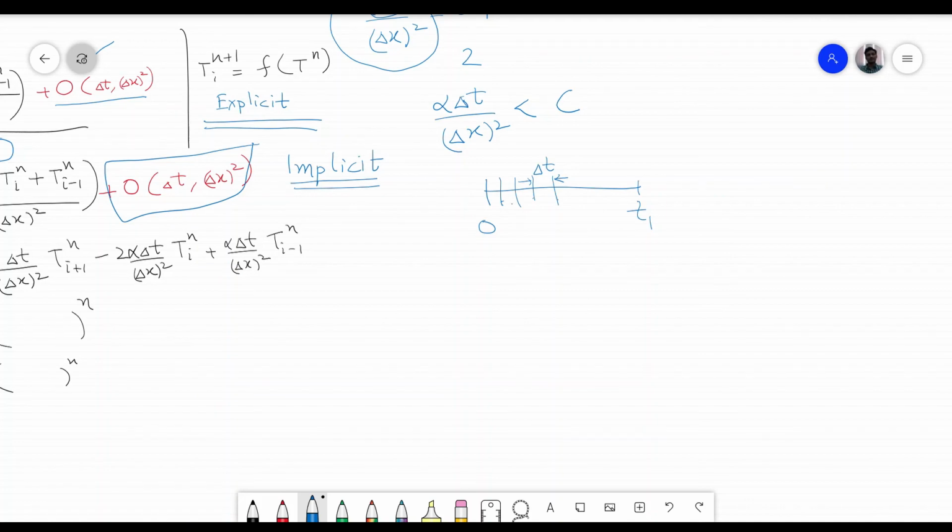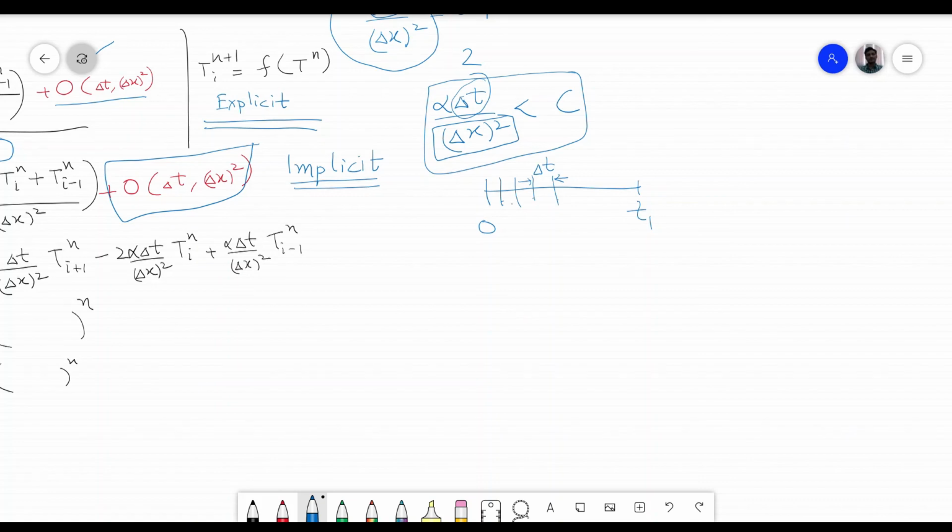Now you can see delta x square is in the denominator, which means if you take a big value of delta x, then it is fine. If you take a smaller value of delta x, then you have to change your delta t accordingly so that you satisfy this condition. A smaller value of delta x will increase this left hand side. Therefore, you have to decrease your delta t to satisfy this condition.